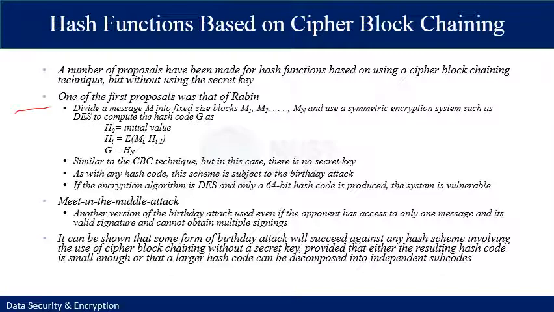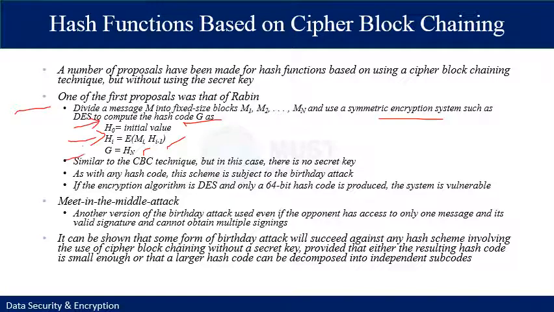It divides a message into fixed-size blocks and uses a symmetric encryption system such as the Data Encryption Standard to compute the hash code G. It starts with an initial value H0, and computes each hash value using the previous hash value and the successive block of the input.